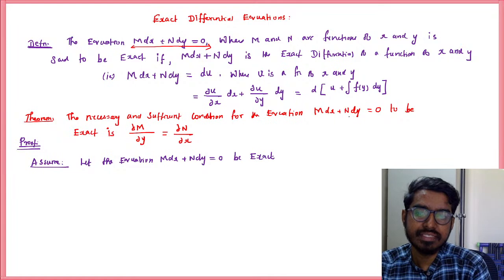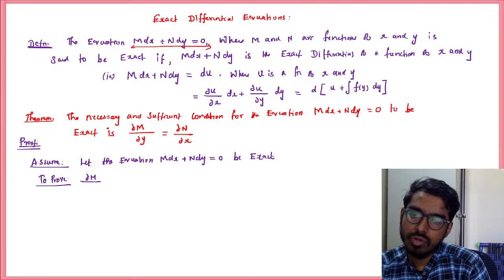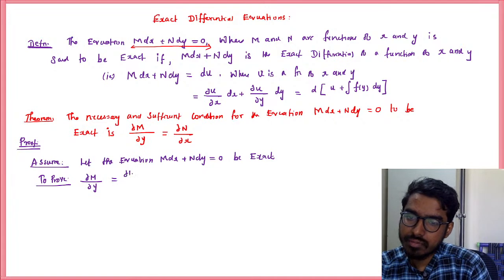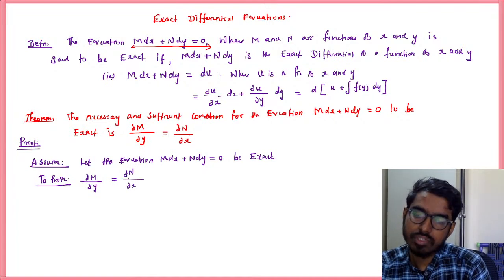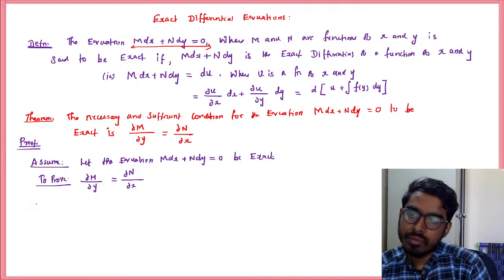I'm assuming this is exact. What we need to prove is dou M by dou y is the same as dou N by dou x. So I'm assuming this part, that this is exact, and then I'm going to prove this.